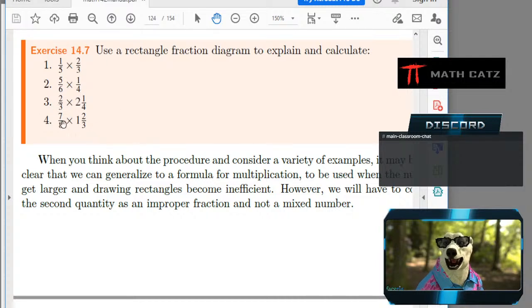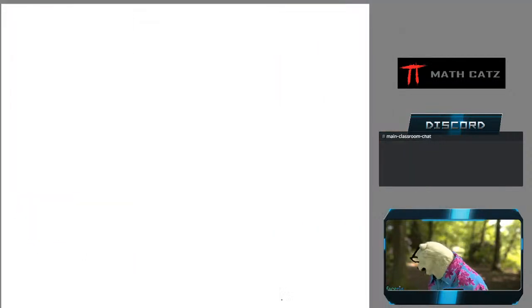Then the interpretation intuitively of the multiplication is to take a portion of that second quantity, whether the second quantity is big or small, it doesn't matter. But that's not all of the variations that we can see. We have to be ready. Well, what if the first number is a mixed number instead of a small little fraction only?